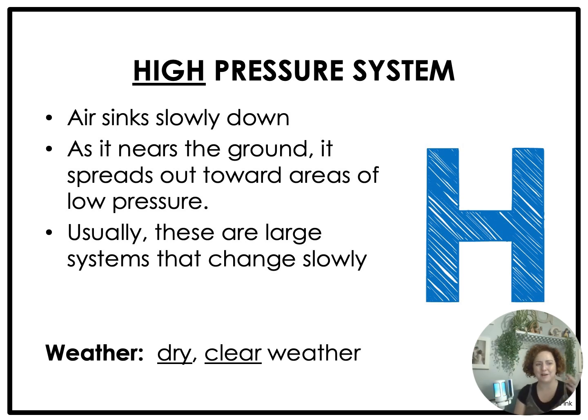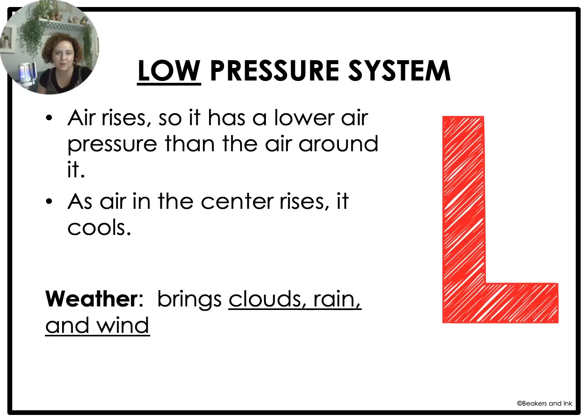I want to be outside, I want to be working and things like that. So high pressure systems versus our low pressure systems. This is where our air is rising so that it has a lower pressure than the air around it. The air at the center is cooled as it goes up.